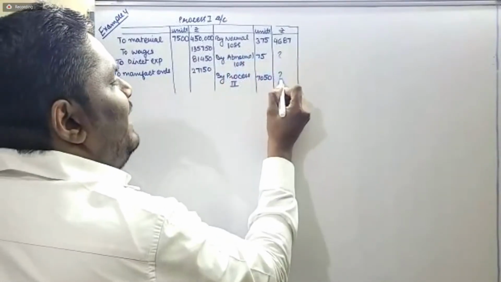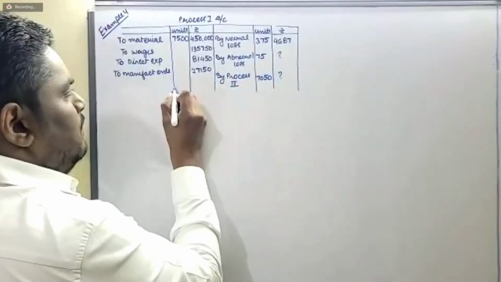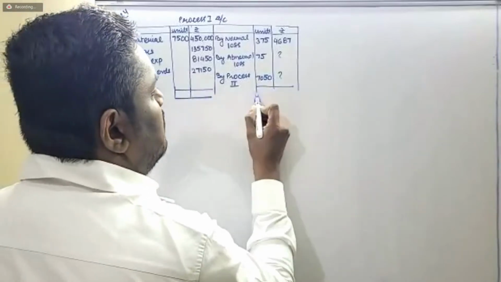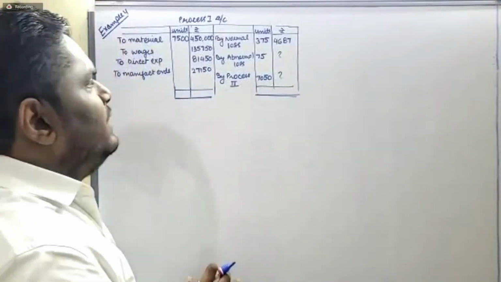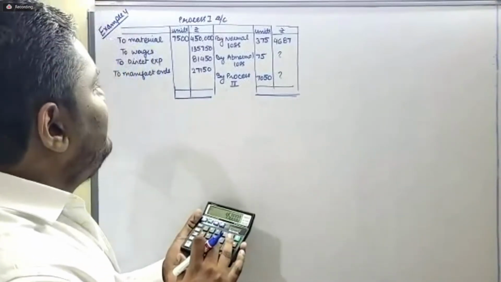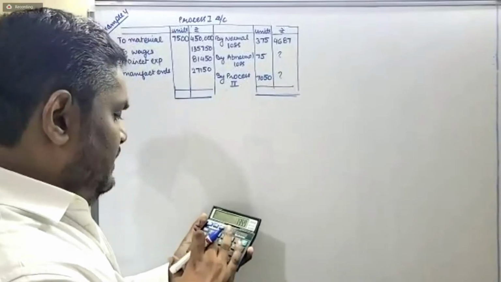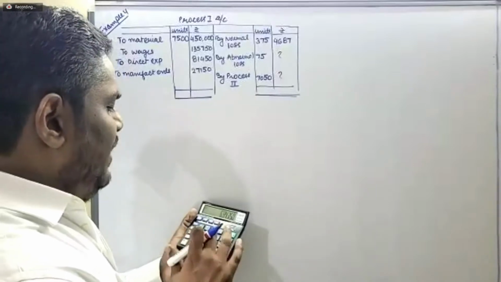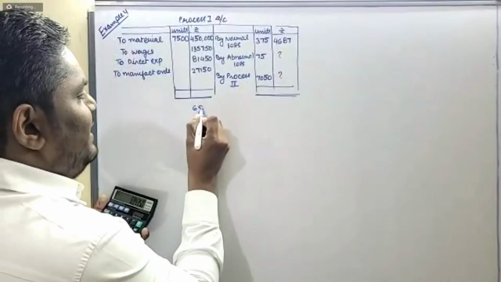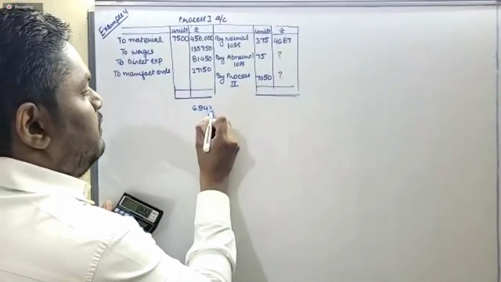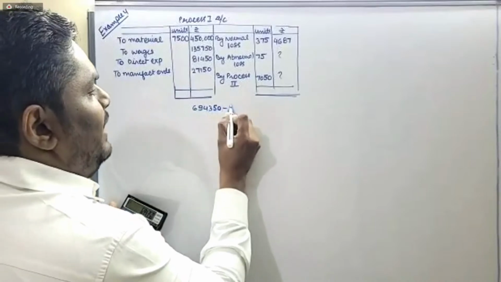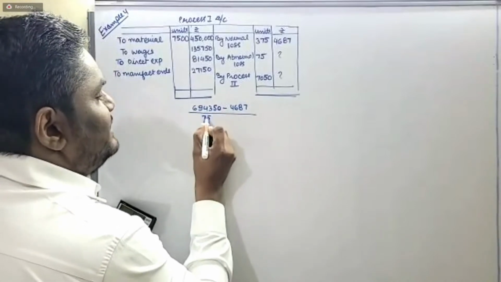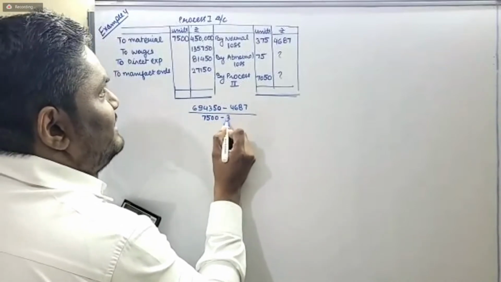Now we have to calculate the value of abnormal loss and the units that are transferred to the next process. So we'll first calculate the cost per unit. 4,50,000 plus 135,750 plus 81,450 plus 27,150 gives 6,94,350, minus 4,687, divided by my expected output, that is 7,500 minus 375.